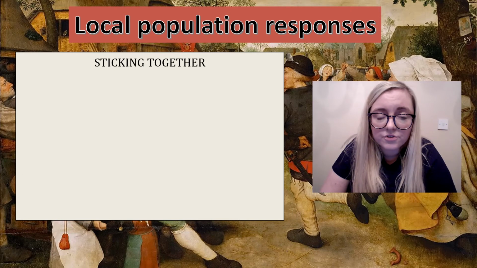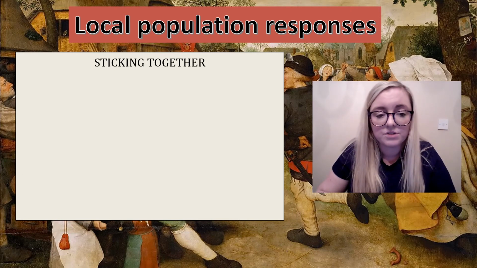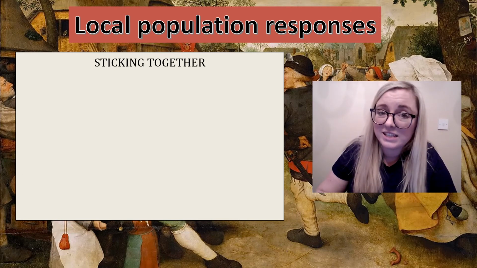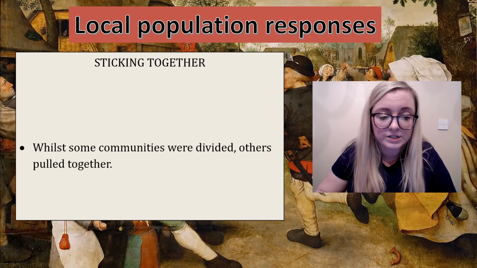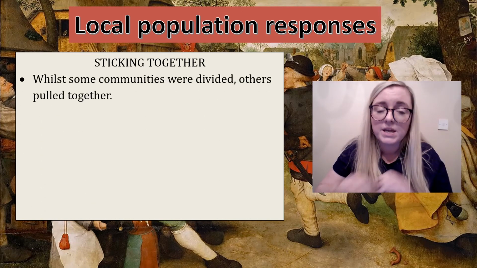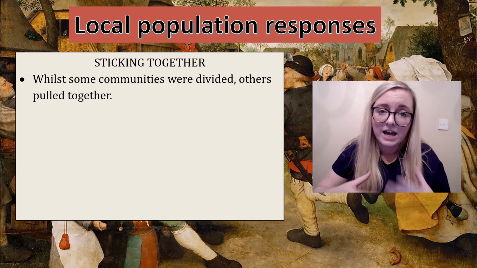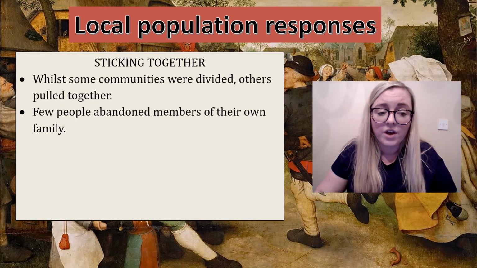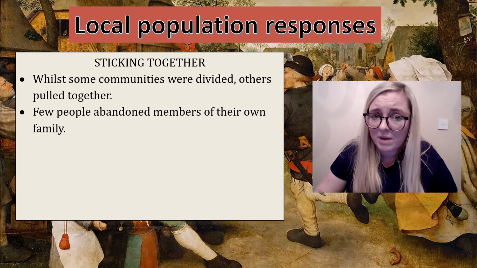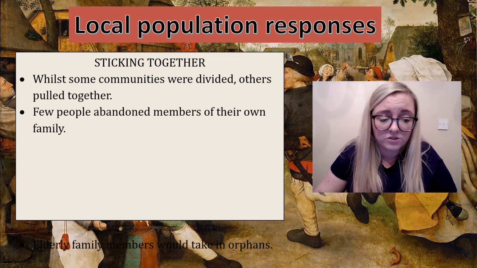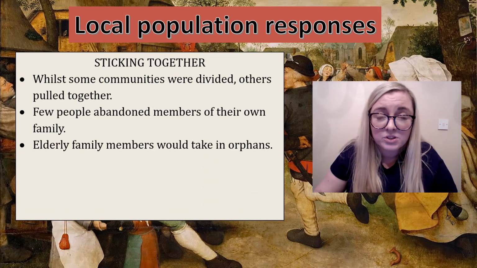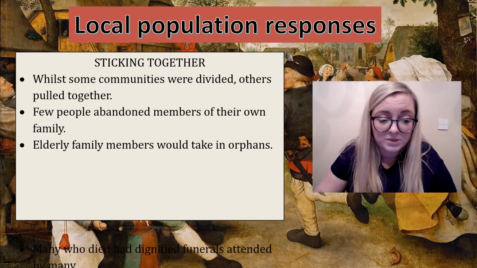A further local response to the early modern plagues was actually to stick together, quite the opposite of what we've just looked at. So while some communities became divided, many of them joined together to help one another, with few people abandoning all members of their families during this awful time. Elderly family members sometimes took in orphans from their own family or from their own community.